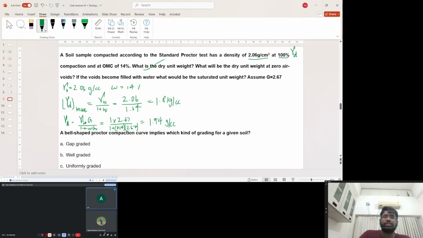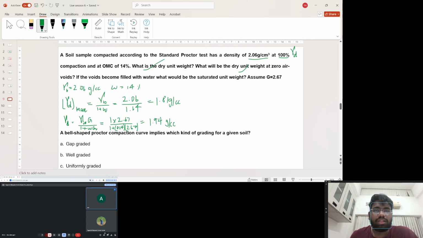So now these two are done, right? Now whatever the bulk density which we have got initially at max, that is maximum dry density, that is in unsaturated condition, right? Yes, sir. So if that voids is again filled with water, such that for the same maximum dry density you are saturating the sample, what will be the attained saturated unit weight?